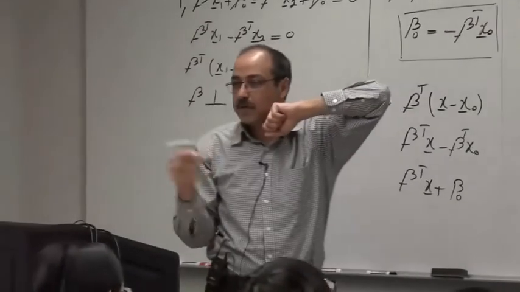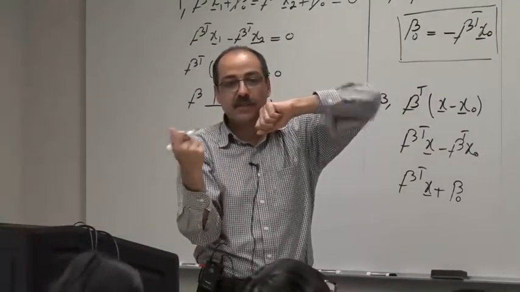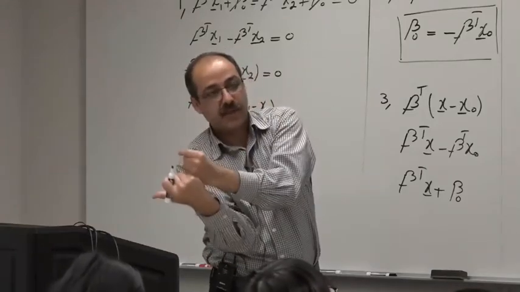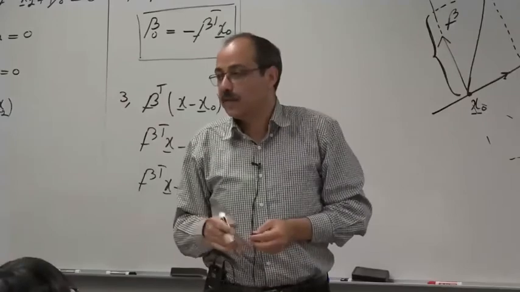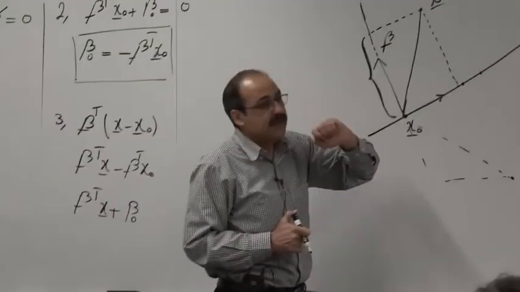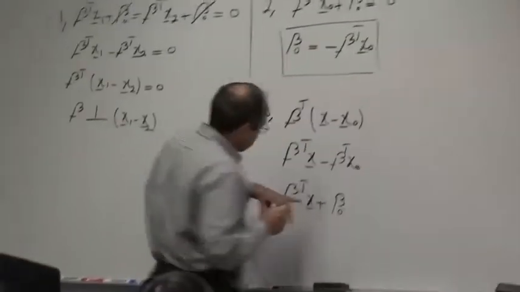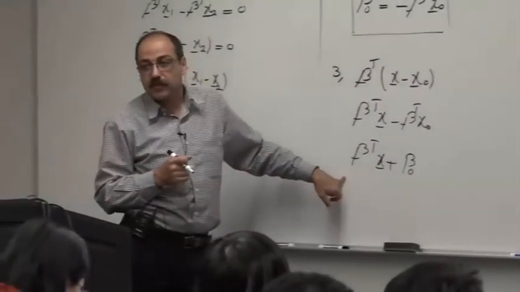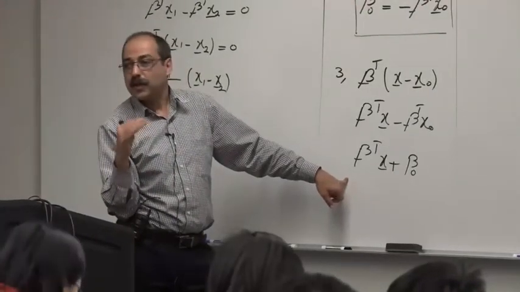When I'm talking about distance, distance is always positive, right? I don't care whether the point has been misclassified on this side of the hyperplane or on the other side. I don't want any point to be misclassified. Okay? So I'm looking at the distance, not signed distance. So this could be positive, this could be negative based on the sign. I want it to be positive all the time.